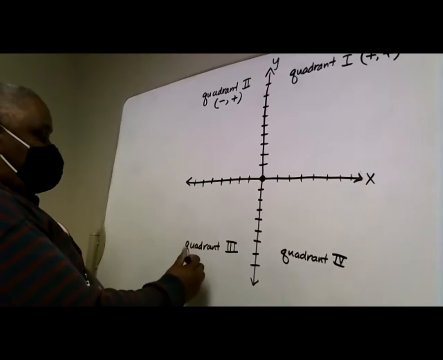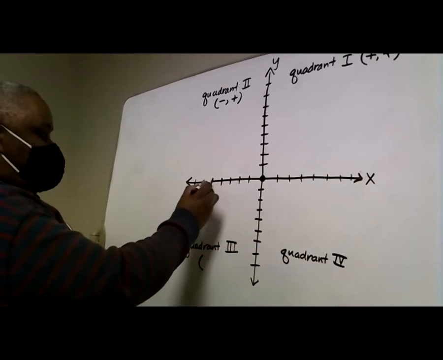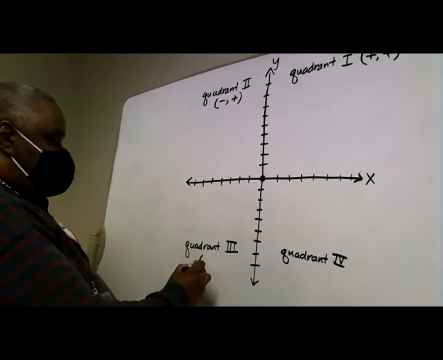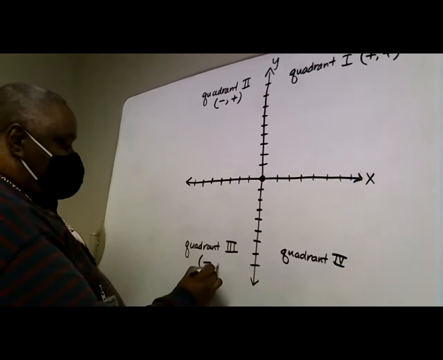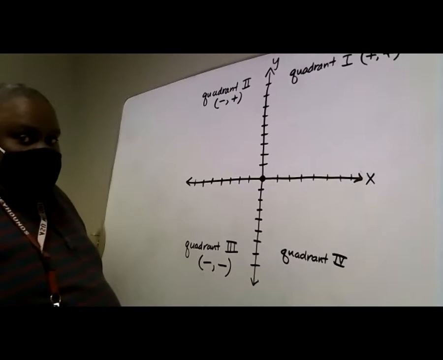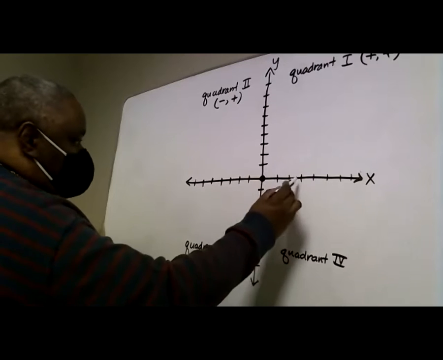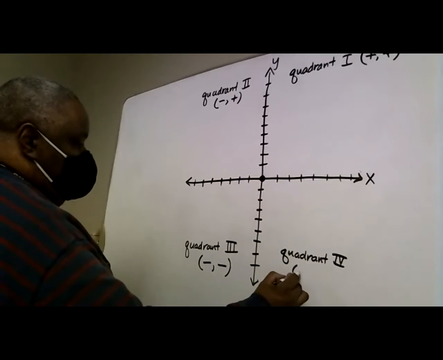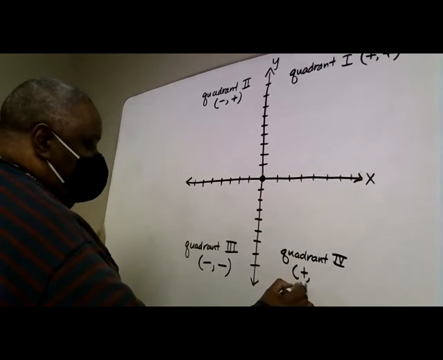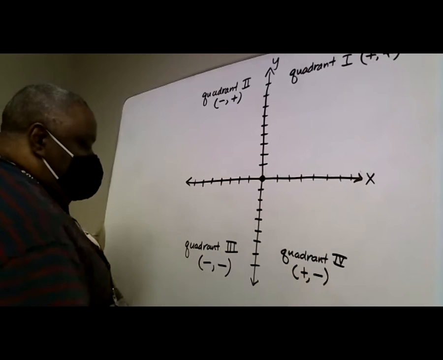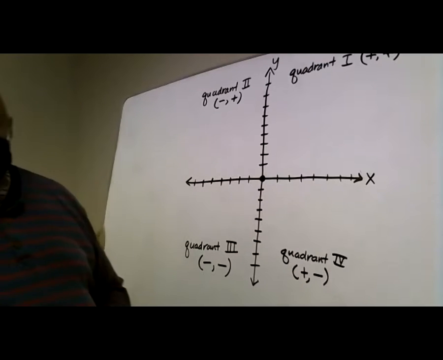And then for quadrant 3, you're going to the left, and then you're going down to be in this quadrant. So the x and the y coordinate will be negative. And then finally for quadrant 4, you're going to the right and then down. So that means the x coordinate has to be positive, the y coordinate has to be negative.